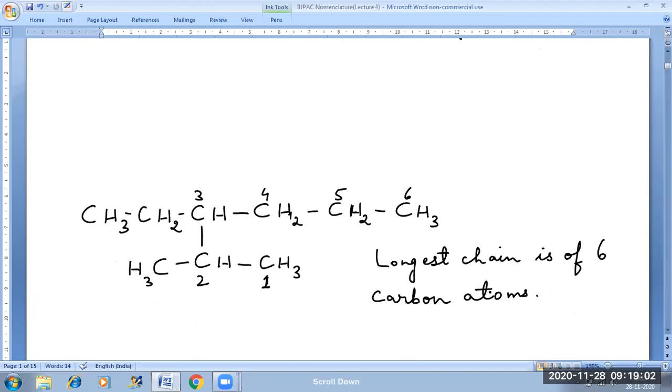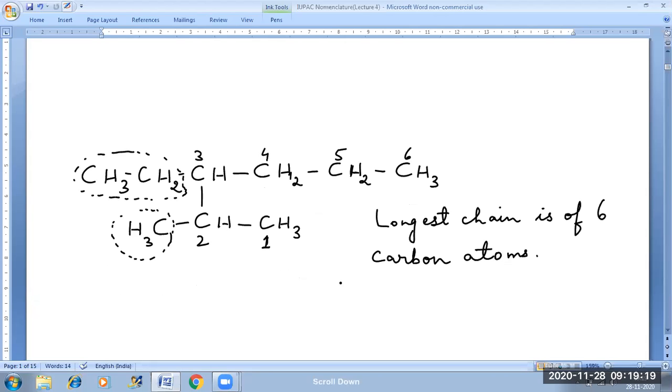But how many substituents are here? Let's count that. So if we go ahead with this one, we'll have one substituent as this attached at the second position, and we'll have one substituent as this one attached at the third position. So the number of substituents will be equal to 2.